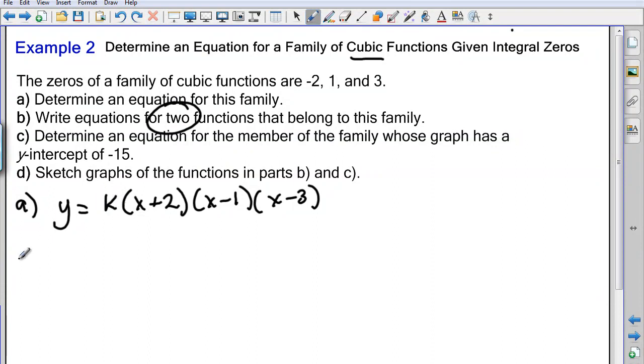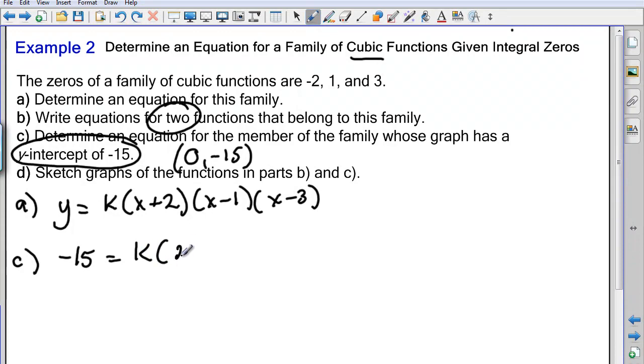We're going to skip over that question and go right to C. This is the same as before. This time they don't give us a single x and y point, but they do give us the y-intercept, which we know has the coordinate point 0 and -15. Once again, we substitute in -15, and the object here is to solve for k. 0 is a great number to plug in for x because it just clears off all the x's all at once, and now we can multiply this through.